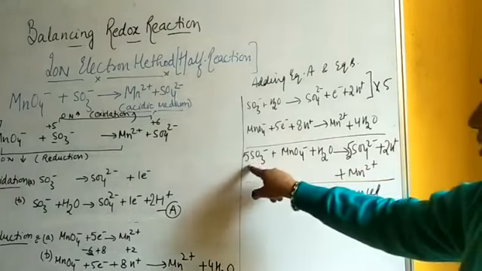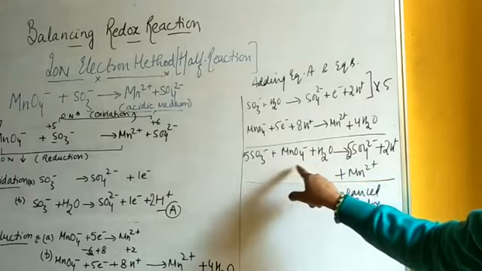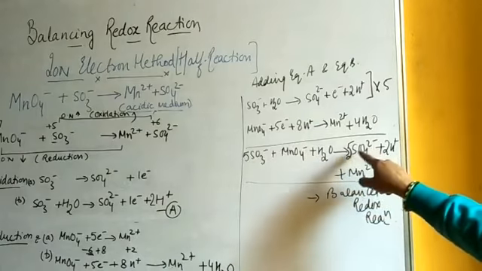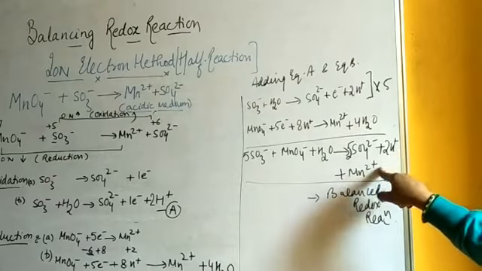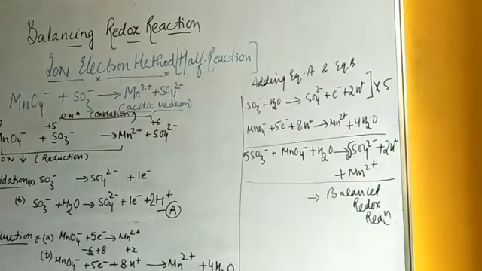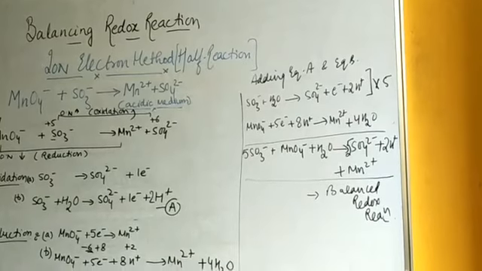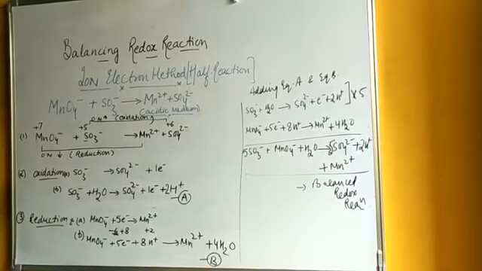And the charges: minus 5 minus 1 is minus 6 here. Here it is 2 fives are 10, minus 10 plus 2 becomes minus 8, and minus 8 plus 2 is again minus 6. So the net equation, student, is balanced. Hope the whole board is clear now, nothing is missing.